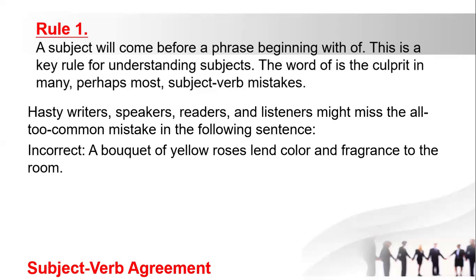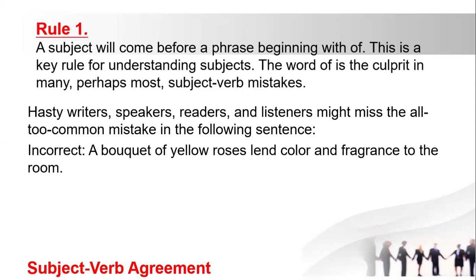In fact, in this sentence the speaker is talking about the bouquet. Bouquet is the subject, and it is singular. We are not talking about yellow roses. In fact, we are talking about the subject, which is a bouquet.